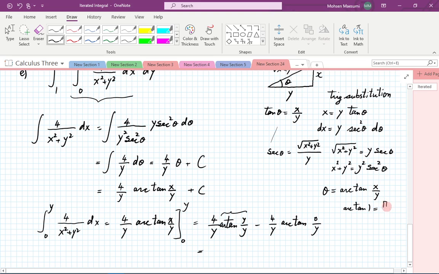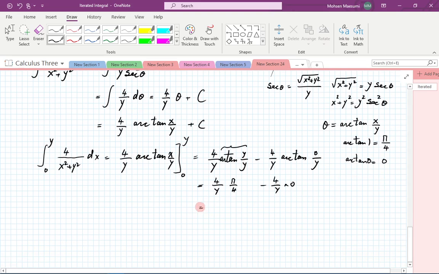What angle is it whose tangent is 1? It's of course pi over 4. So that's going to be 4 over y times pi over 4. And then minus 4 over y times arctangent of 0. What angle is it whose tangent is 0? Well, it's just 0. So 4's cancel, and I have just pi over y.